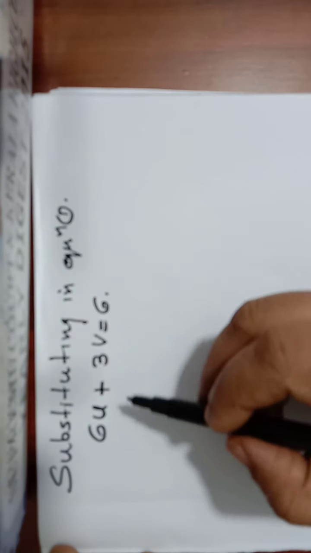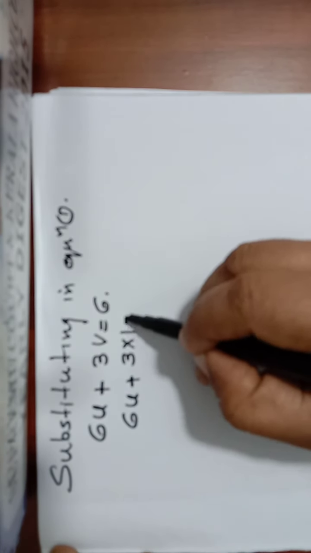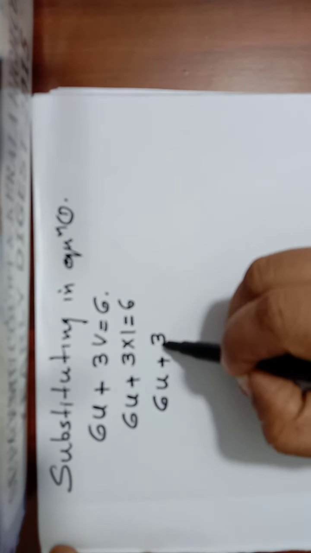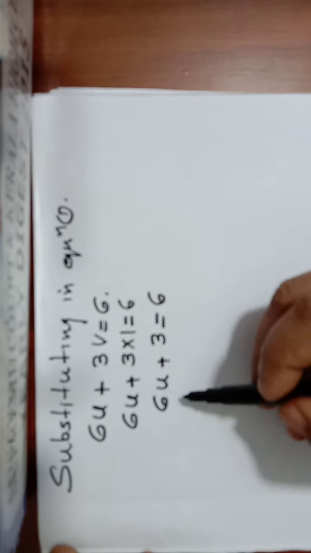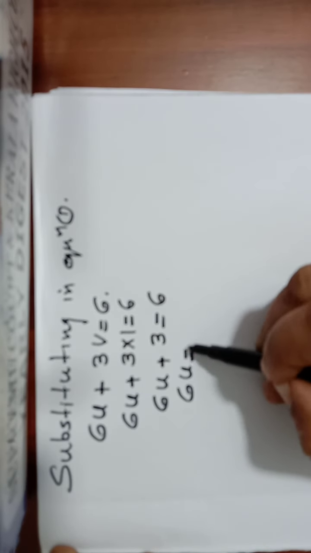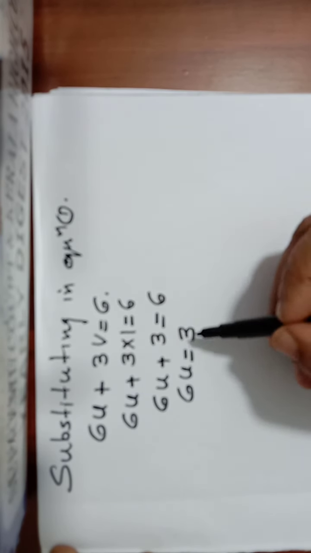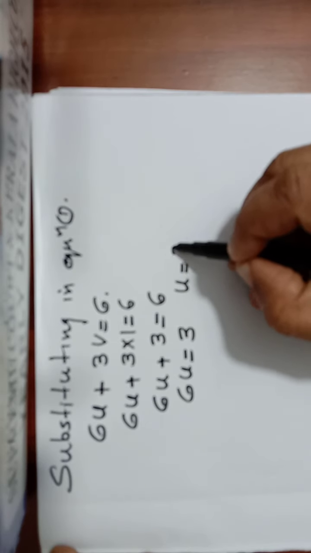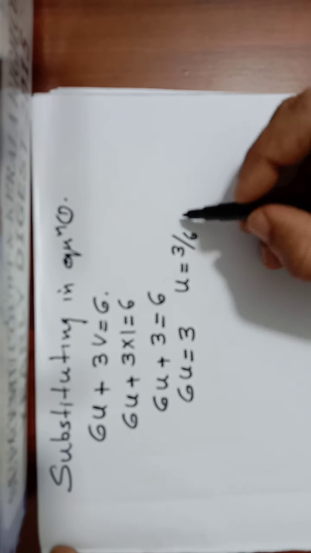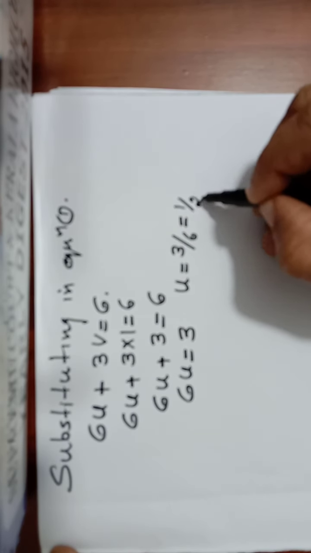The v value we got as 1. So 6u plus 3 into 1 is equal to 6. 6u plus 3 equal to 6. Therefore 6u is equal to 6 minus 3, which is 3. Therefore u is equal to 3 by 6, that's equal to 1 by 2.